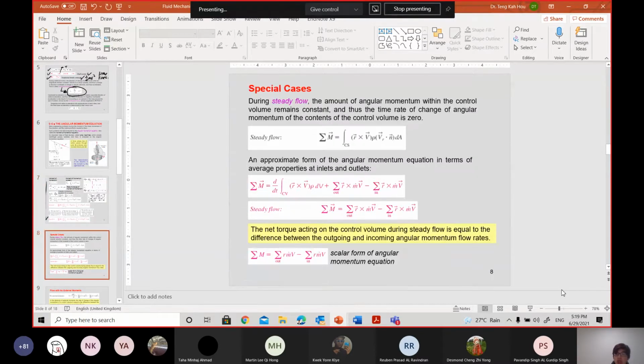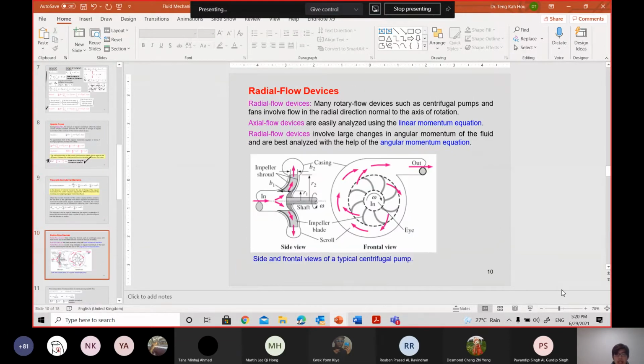What I wish you to remember and understand is this one, as I mentioned: summation of M equals summation of r m v out minus r m v in. Once you get that, you can solve all the questions, to be honest. Okay, so with that, this is done.